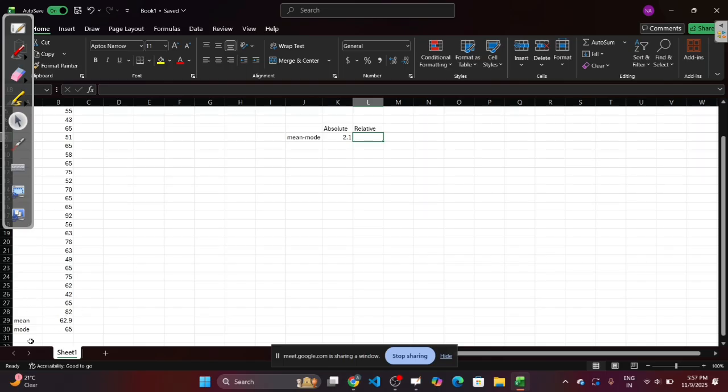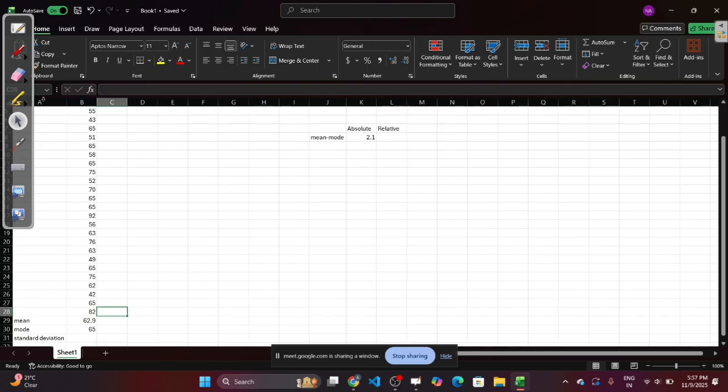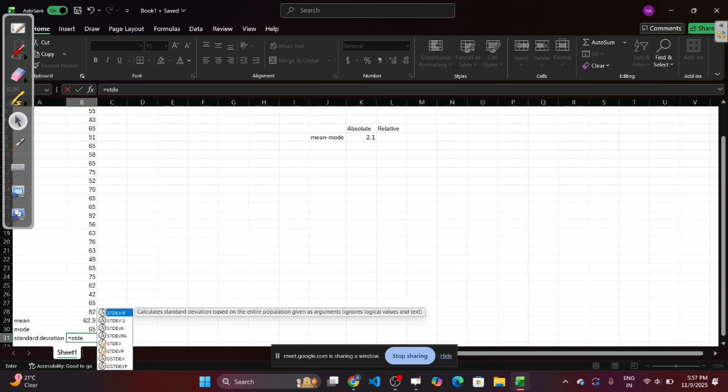For relative we need standard deviation. So here we also find the standard deviation. Equal STDEV. Here you see dot P and dot S are coming. Dot S is for sample and dot P is for the entire population.